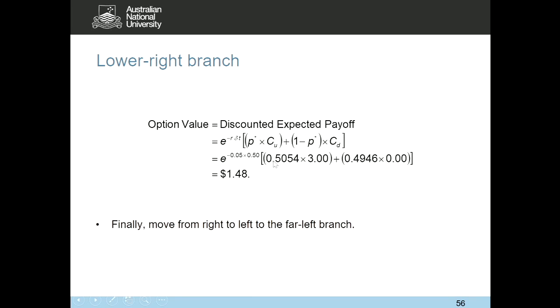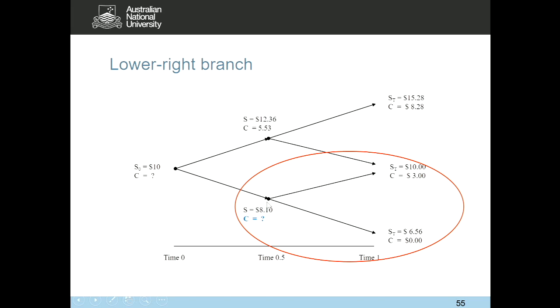And because we know the probability of that happening, we can work out the expected payoff of the call option in the lower right branch, right? So we simply take the probability weighted average of the two payoff values. Then I'm standing at this point in time and thinking, what would be the discounted value, right? We just worked out the expected payoff at the terminal point.